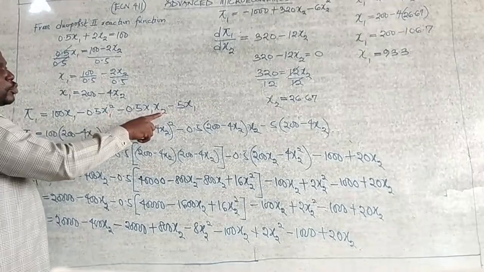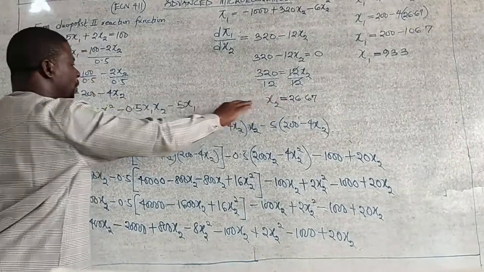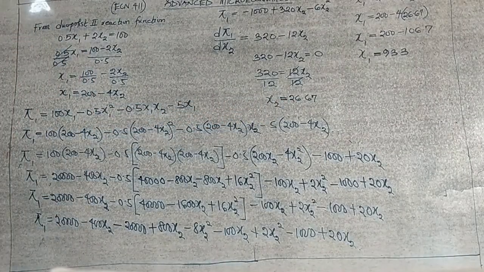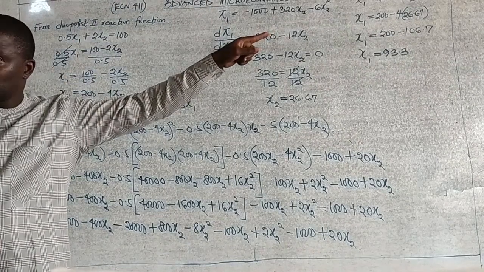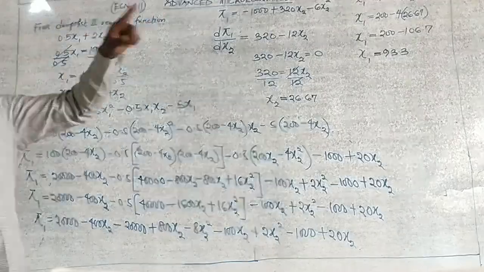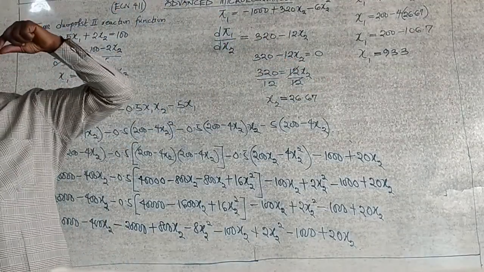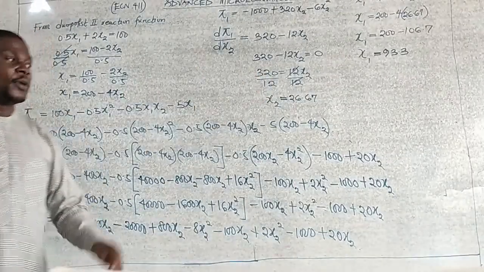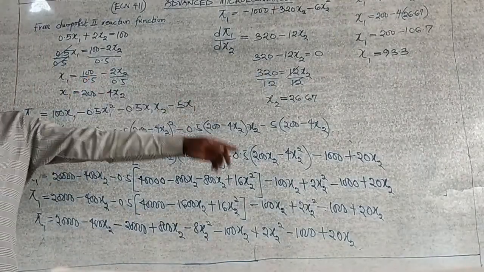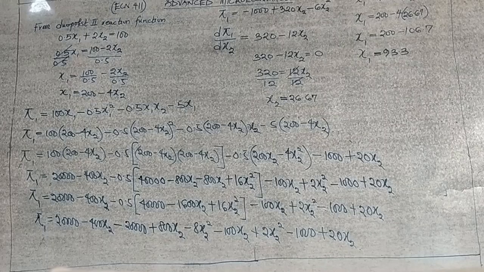Where you see x2, what will you put there? 26.7. So you get an answer for profit 1. Then you also go to profit 2, and anywhere you see x1, put this x1. Anywhere you see x2, put this x2. You guys want to copy this? Get your profit 1, get your profit 2.